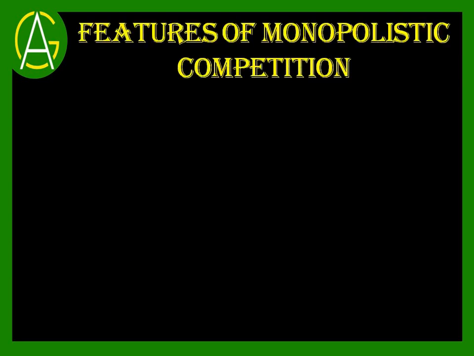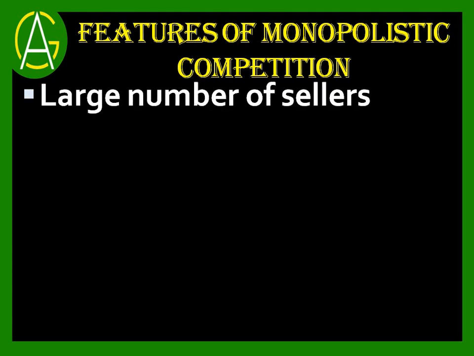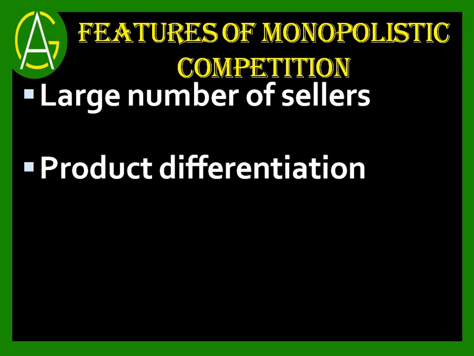First of all, let us see what are the features of monopolistic competition. The first feature is large number of sellers. Friends, this is the feature similar to perfect competition itself. In perfect competition also there are large number of sellers, and in case of monopolistic competition also there are large number of sellers. Second is product differentiation.